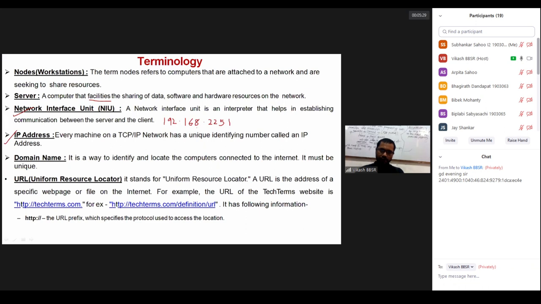Okay, this is one IP address. Another IP address is 25.70.24.121.